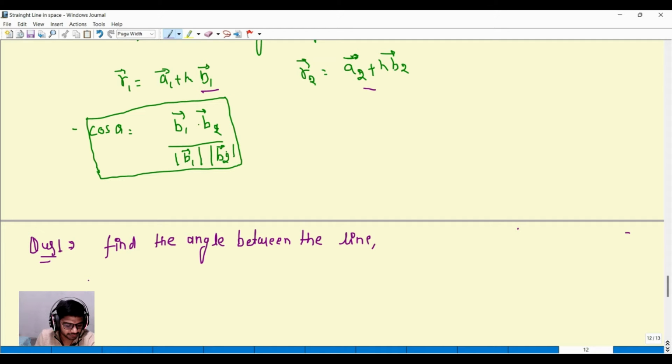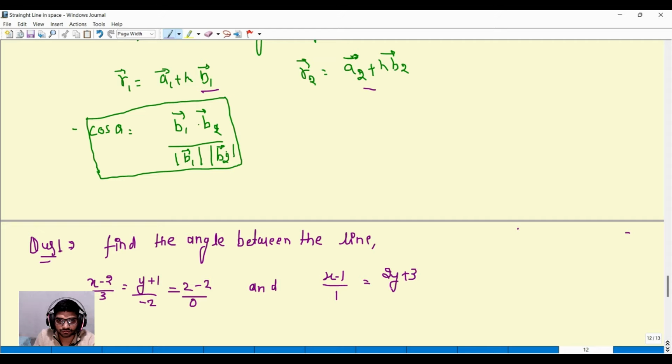The first one is (x minus 2) upon 3 equals (y plus 1) upon minus 2, and z minus 2 equals 0. And the second line is (x minus 1) upon 1 equals (2y plus 3) upon 2 equals (z plus 5) upon 2.